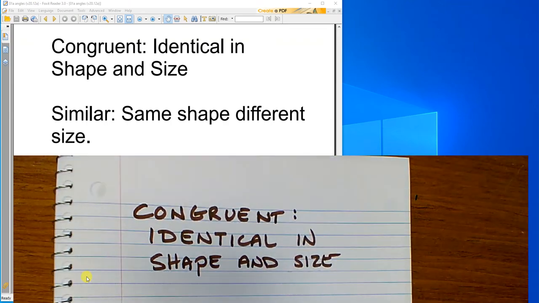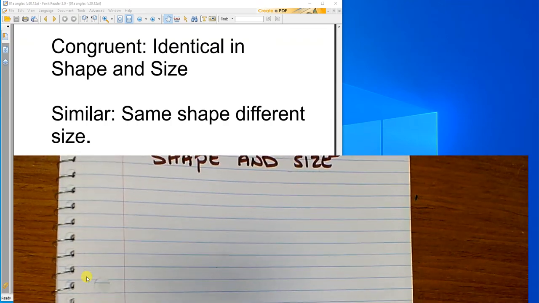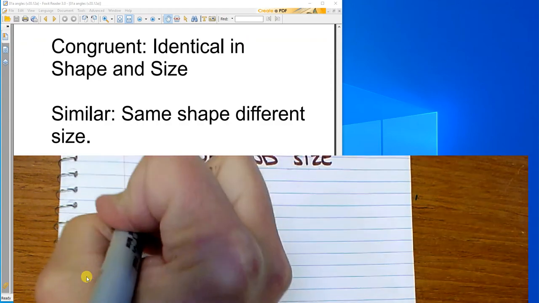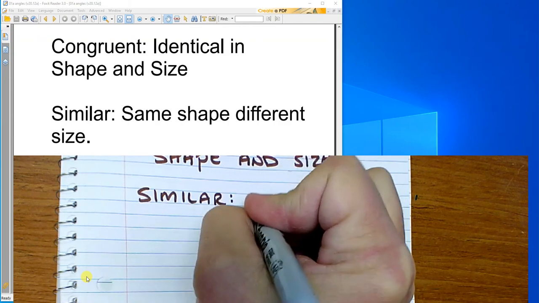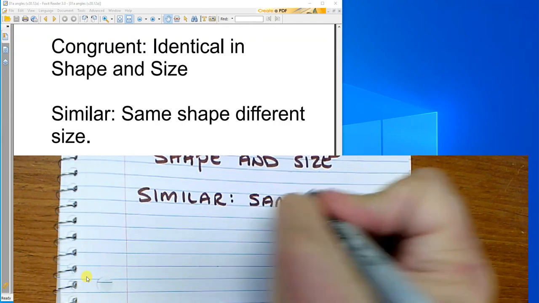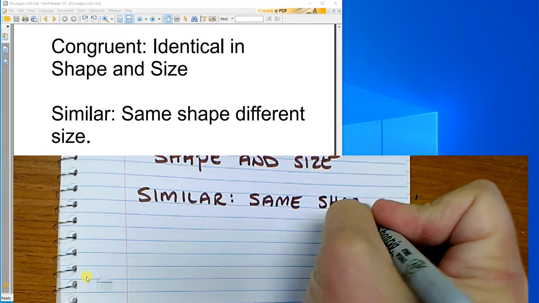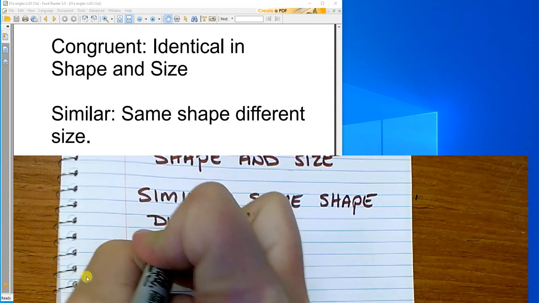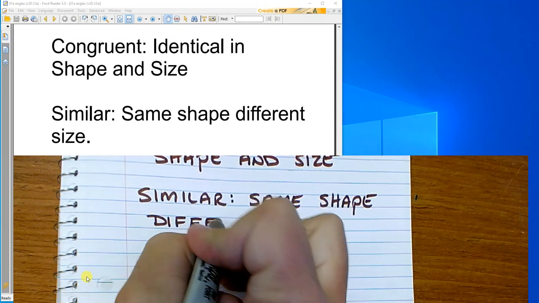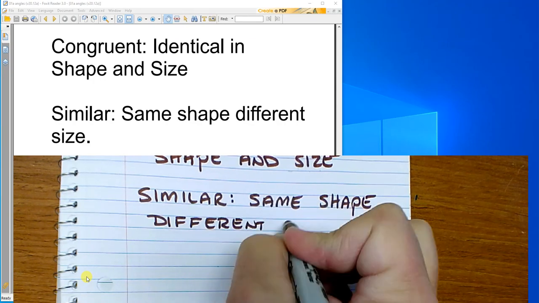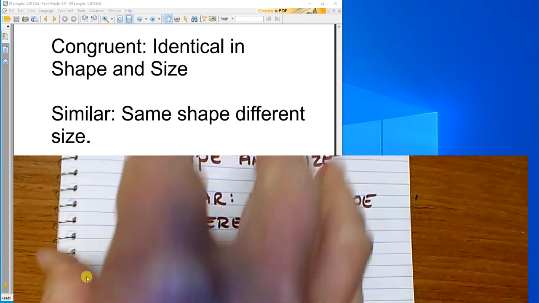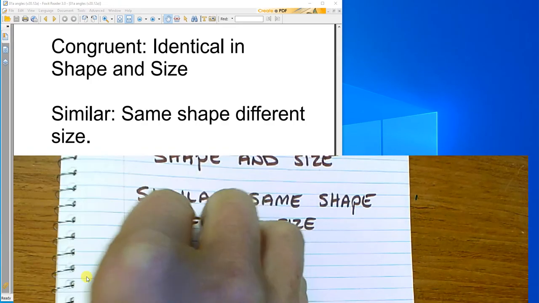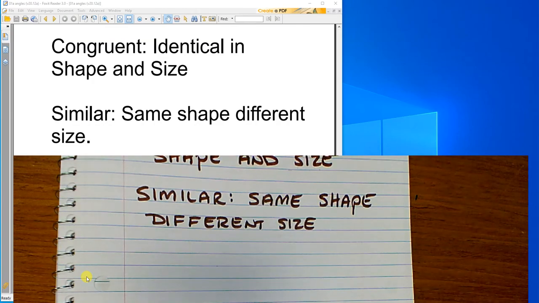So similar is like if you had a zoom feature, zooming in and out, they would be similar, but not congruent.